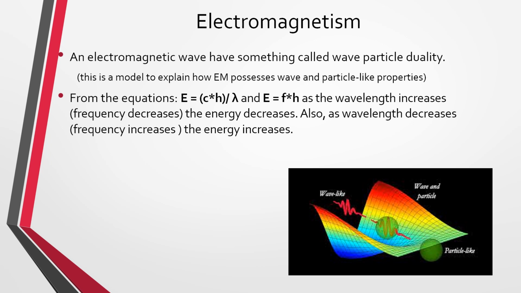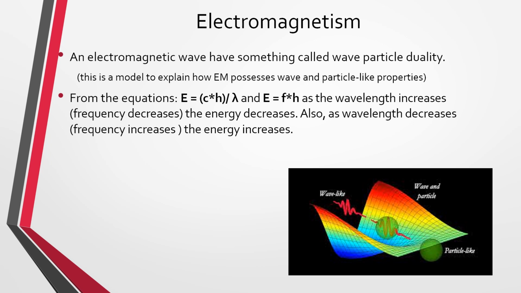From the equations below for energy, as wavelength increases, frequency decreases, and as wavelength increases, which is the same as frequency decreasing, the energy decreases. Also, as wavelength decreases, the energy increases.